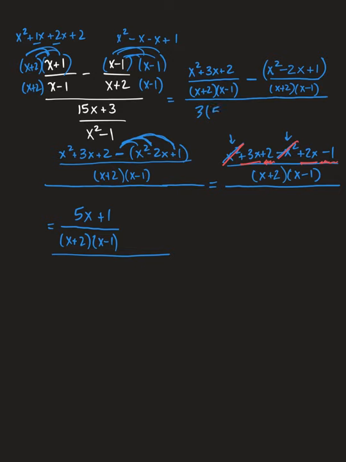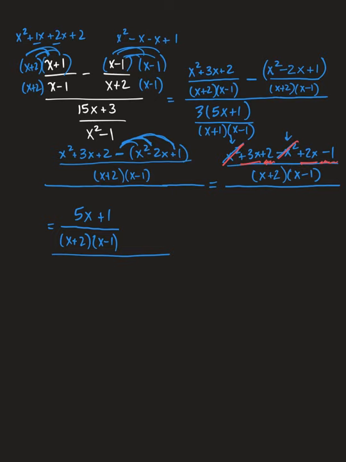And we're going to be left with 5x plus 1. And then I'm looking at the x squared take away 1. And I know that is a special binomial. That's a difference of squares. So x plus 1, x minus 1. And there's nothing left to do.